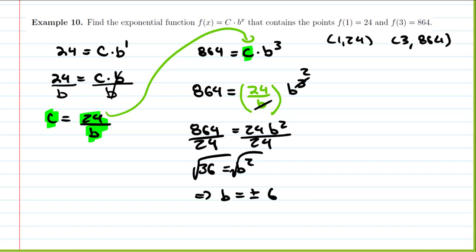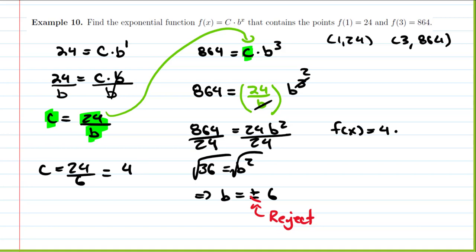And we'll reject the negative solution because we need our base for an exponential to be positive. So we get b is 6. And if b is 6, then c is 24 divided by 6, which is 4. So then our model is going to be f of x is equal to 4 times 6 raised to the x.